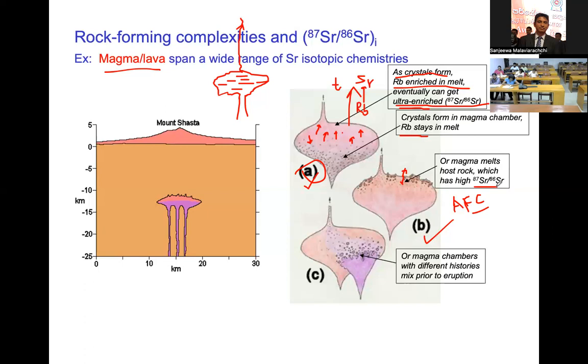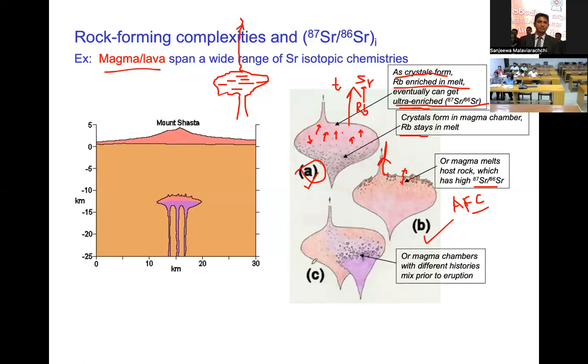So like that, there can be high strontium rich magma coming out again from the magma chamber. Okay, that is the second scenario, that is the second possibility.